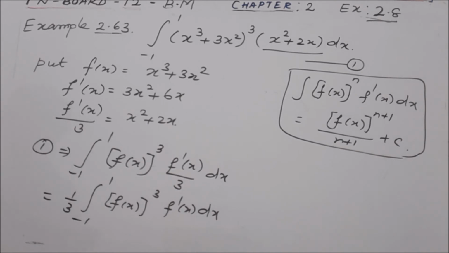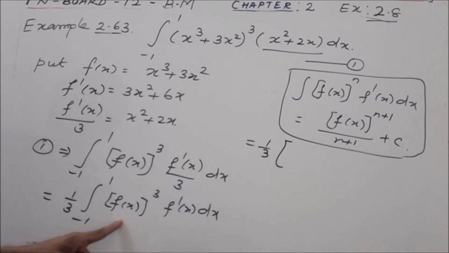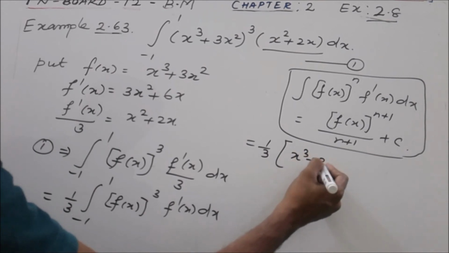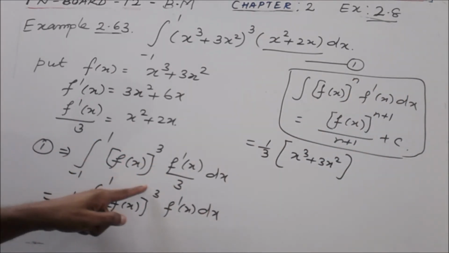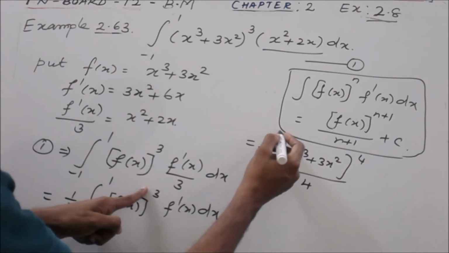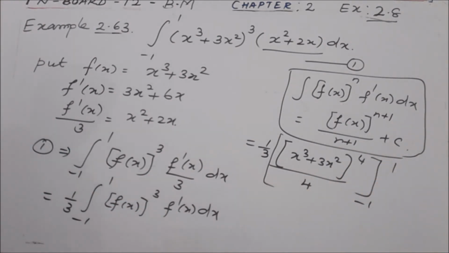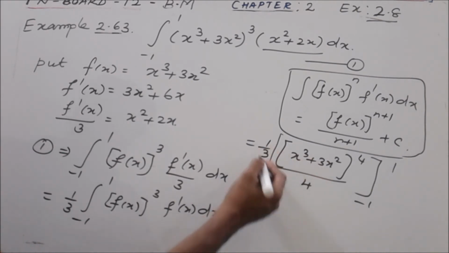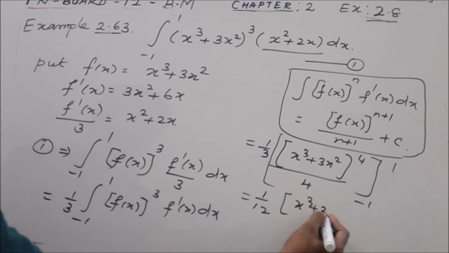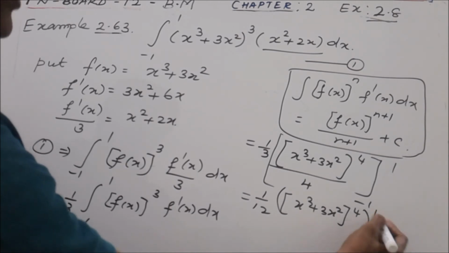So by substituting here, this is equal to 1 by 3, f of x is x cube plus 3x square, whole power n plus 1, 3 plus 1, 4, divided by 4, and then the limit is minus 1 to plus 1. By taking this 4 out, 1 by 3 into 1 by 4, it is 1 by 12. Now x cube plus 3x square whole power 4, limit minus 1 to plus 1 we have.